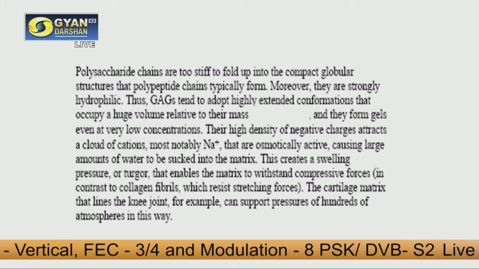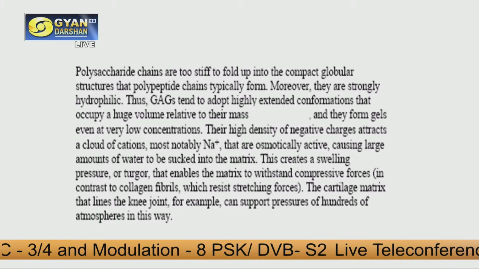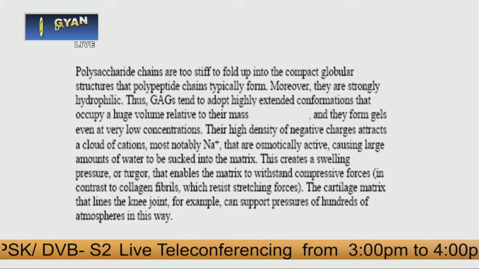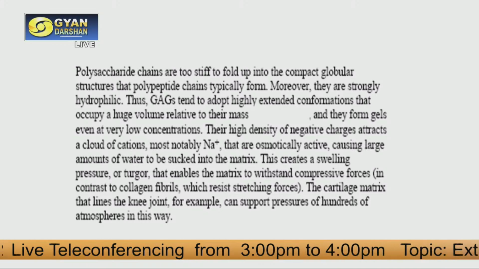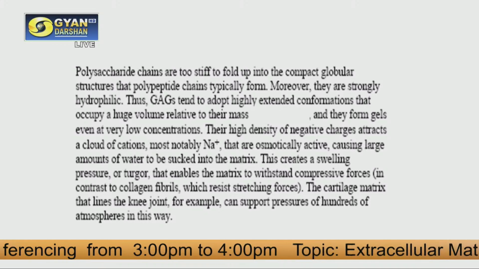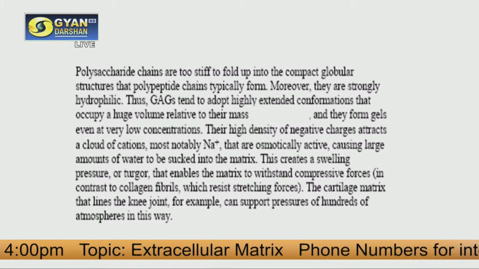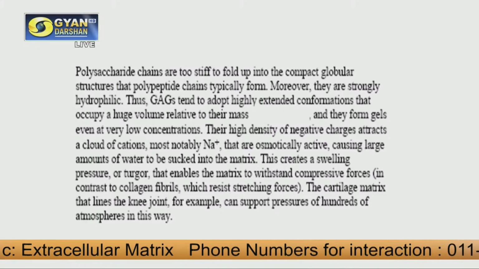So they can draw a huge amount of water because they are osmotically active. This creates a swelling pressure or turgor that enables the matrix to withstand compressive forces, and therefore they help in the resistance of the compressive forces.